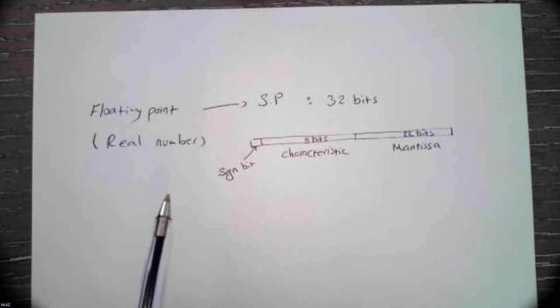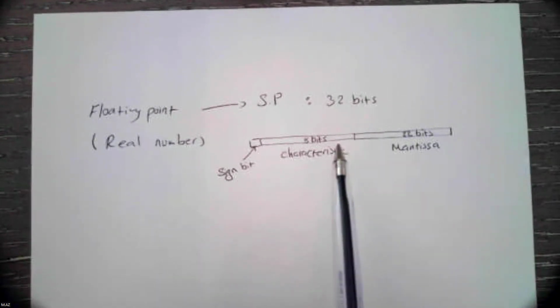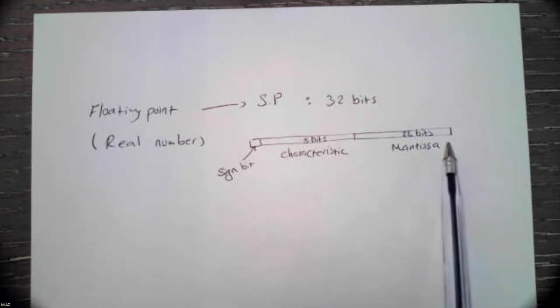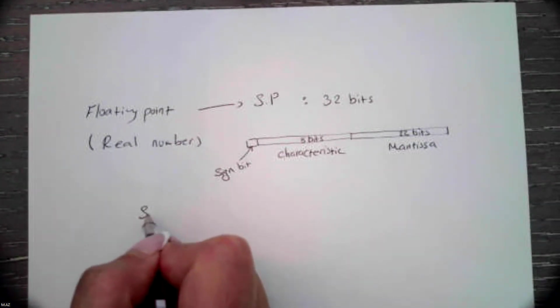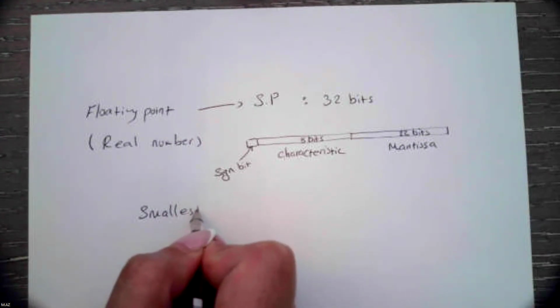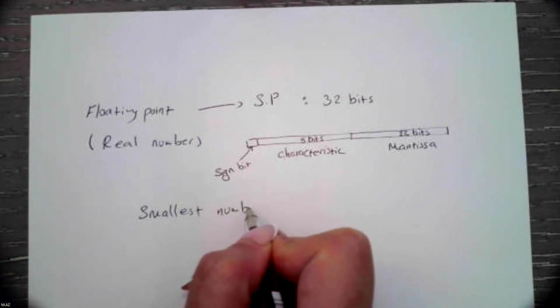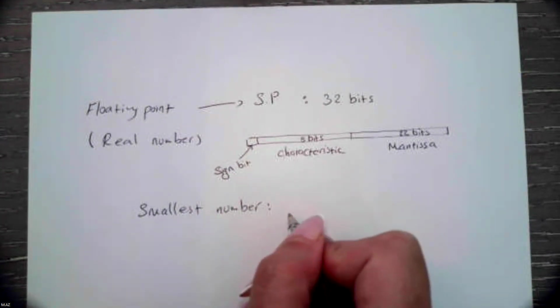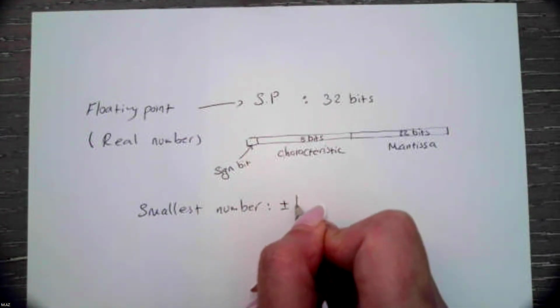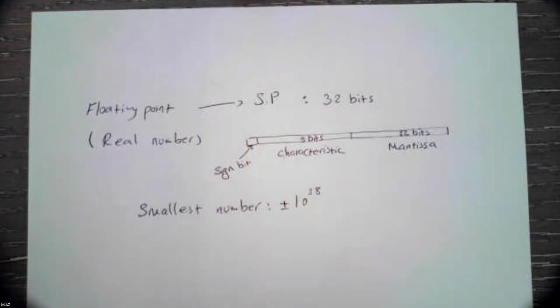The smallest number for the single precision corresponds to 0 in all the bits for the characteristic and the mantissa. For this reason, the smallest number for single precision is plus minus 10 to the power minus 38.